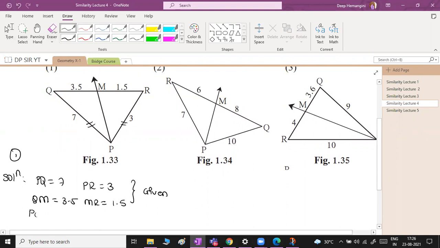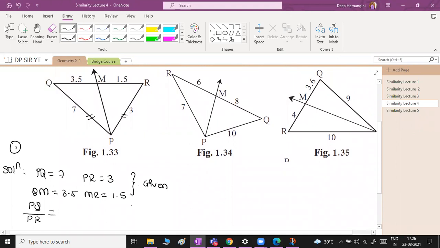That is PQ upon PR is equal to what? So PQ upon PR is equal to 3.5. PQ upon PR, no, that will be 7 upon 3. So sorry, even I am jumbled today. PQ upon PR is 7 upon 3. Okay, let this be my equation number 1.